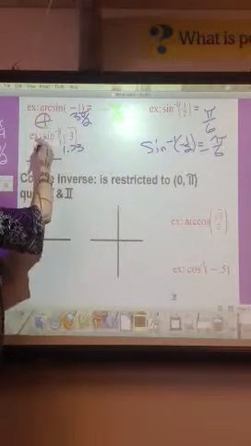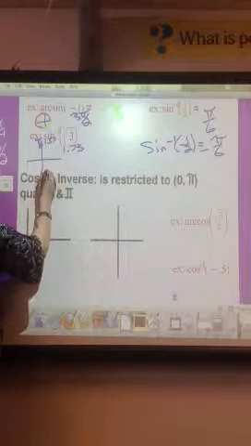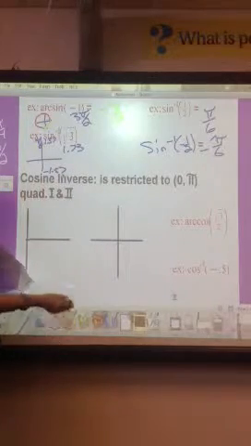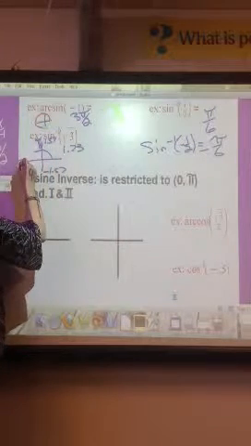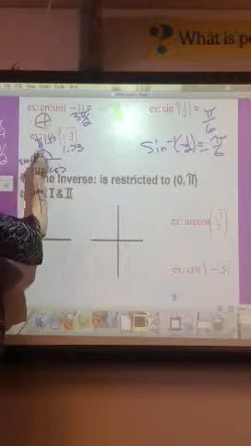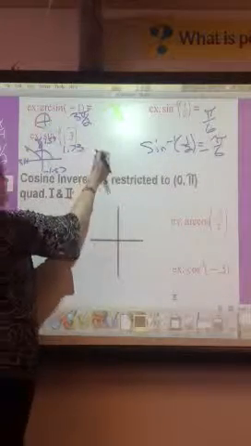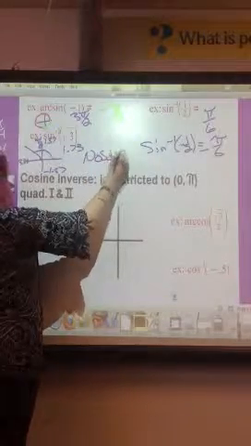Pi over 2, which is 1.57. Negative pi over 2 would be negative 1.57. Where will 1.73 land us? Well, it's going to be bigger than 1.57, but less than 3.14. So that's going to put us in quadrant number 2. Your graph does not exist in quadrant number 2, so this one is no solution.